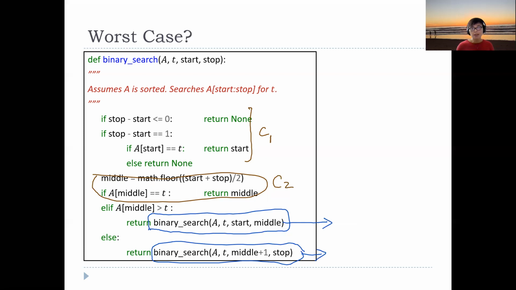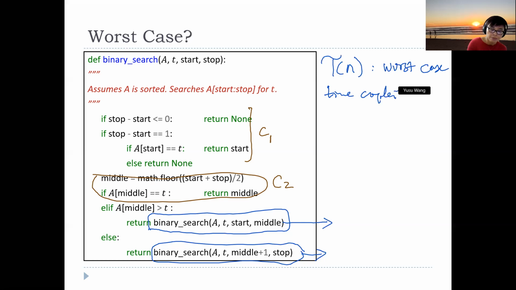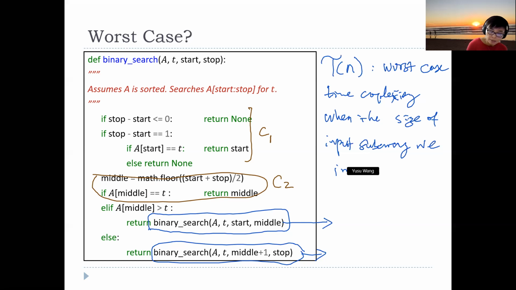So here is how we think about the problem. Let's say that for the worst case, I'm going to use T of n to represent the worst case time complexity for this algorithm when the size of the input subarray we inspect is n.